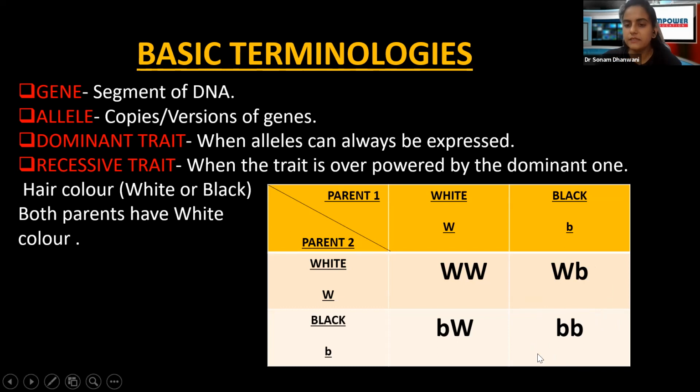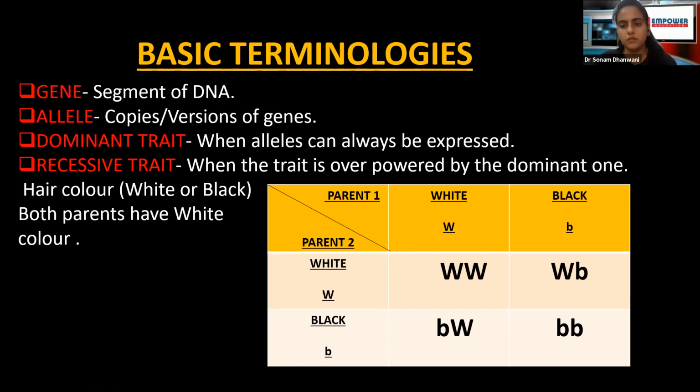You may wonder how both parents have white hair but have a baby with black hair. So it can be with this possibility that even if both the parents have white hair, there is still a 25% chance that their baby can have black hair, right?